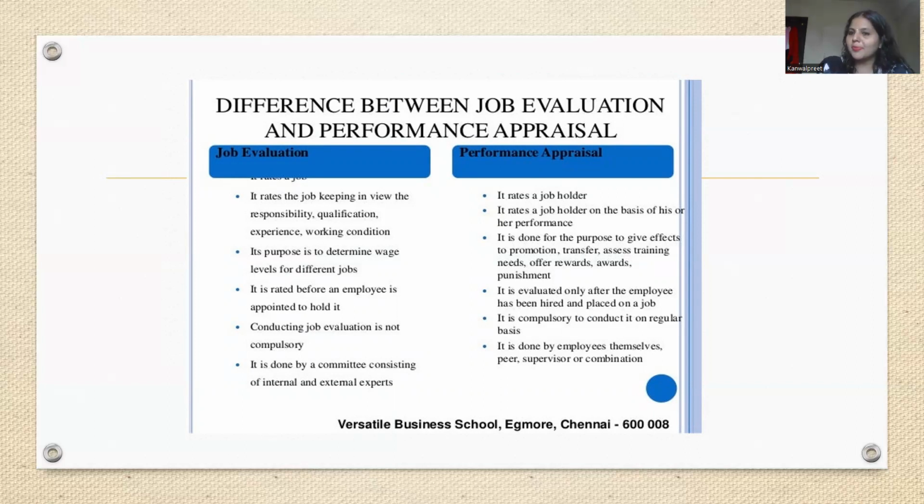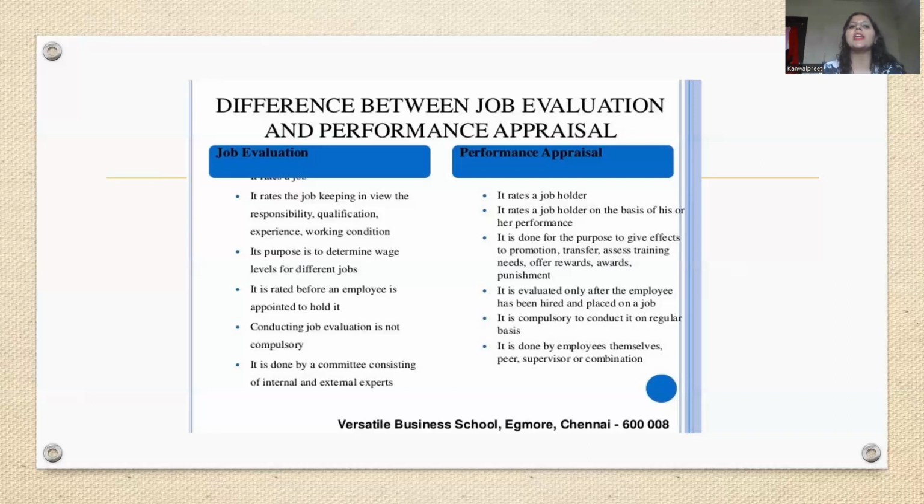What is not performance appraisal, because the question will come related to something else and they will try to relate it to performance appraisal. The different types, how we can do performance appraisal, which we can discuss later on. Then the objectives of performance appraisal, why we do it, what is the result. Whenever you study a topic, understand that you need to complete it, because if we study only objectives and fail to understand the different methods, then we lose. This is how we should study. So let's understand what is job evaluation.